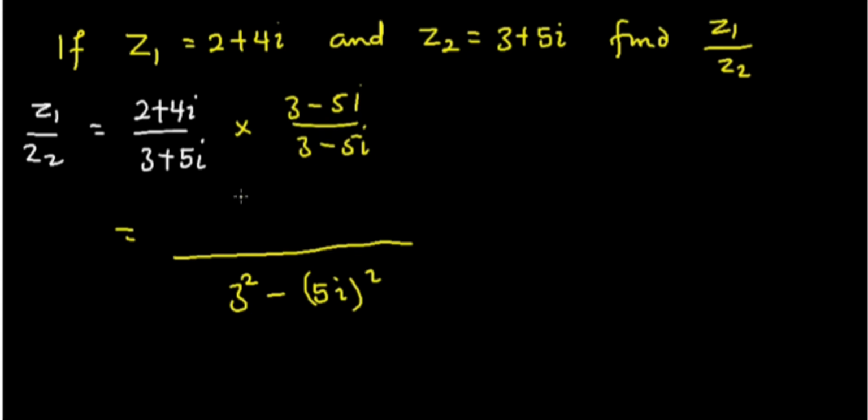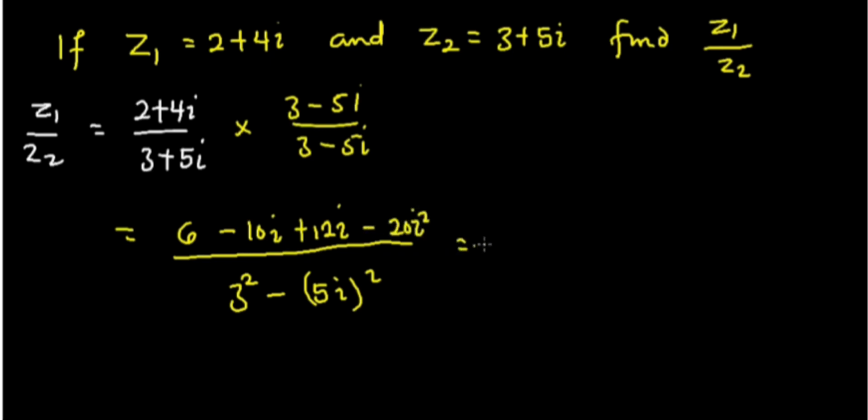Then if I want to multiply the top part, I'll be having 6, okay, 6 minus 2 times 5i. Now that will be minus 10i. Okay, then this time this will have what? Plus 12i. All right, then down there I will have minus 20i squared.